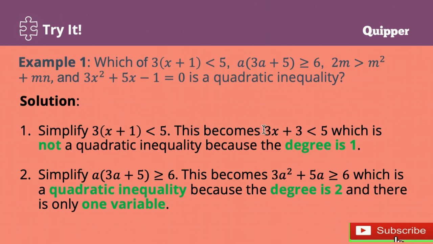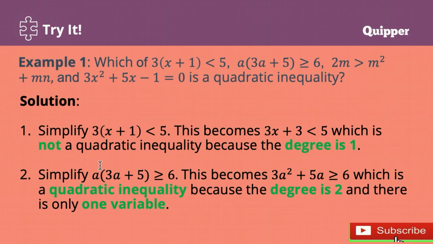So we now have 3x plus 3 is less than 5, which is not a quadratic inequality because the degree of the variable is just 1, or the highest exponent in this statement is just 1. That is a linear inequality, not a quadratic inequality.